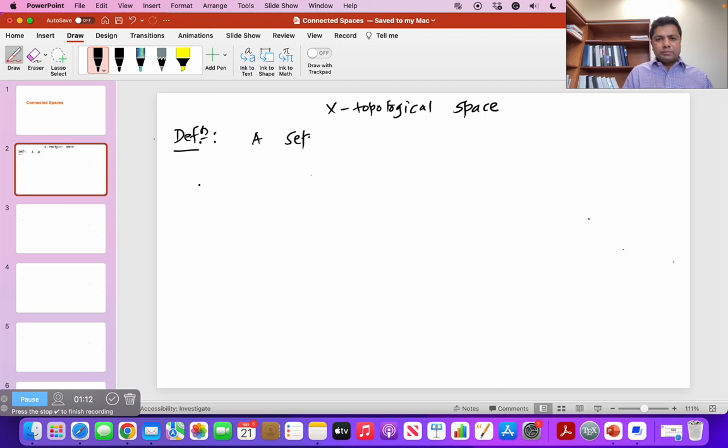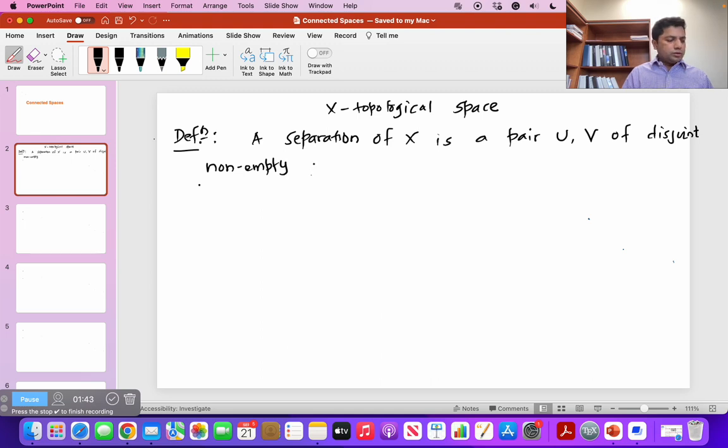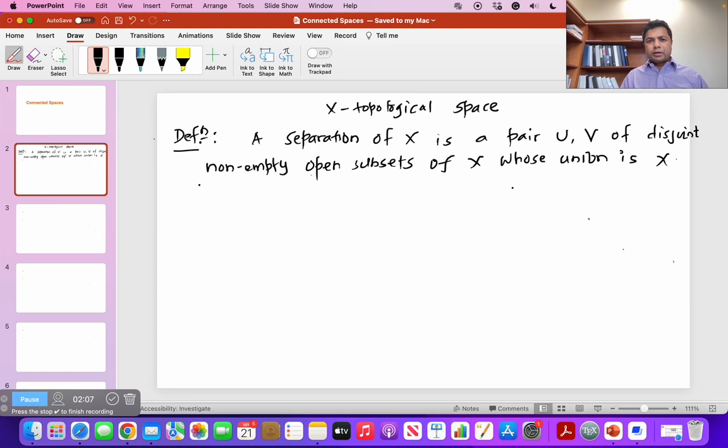A separation of the topological space X is a pair U, V of disjoint, non-empty, open subsets of X whose union is X. So this is the formal definition of a separation of a topological space.